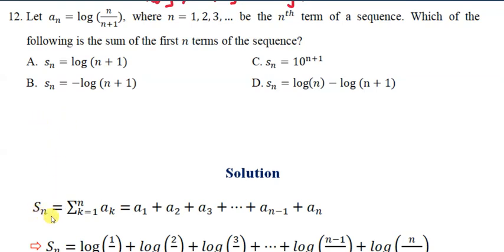Sn, the sum of the first n terms, is given by the summation of k running from 1 up to n of ak, which is equal to a1 plus a2 plus a3 plus up to an minus 1 plus an, the last one.